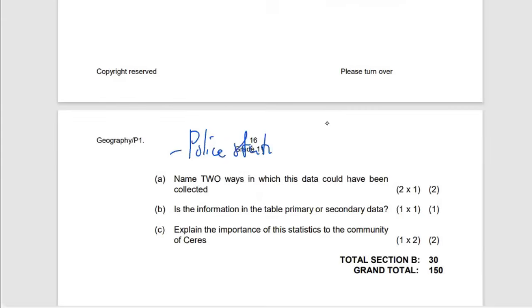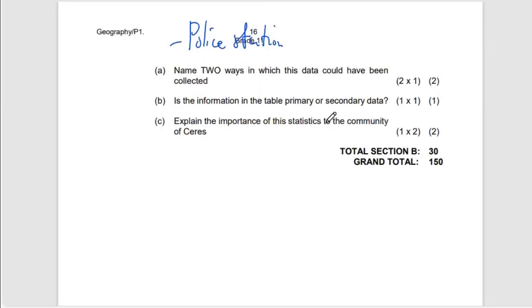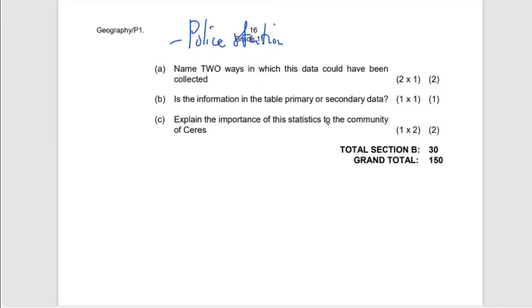The police have got data about crime. And also, we can do surveys, either through use of questionnaires to find out if people have been exposed to criminal activities, or through interviews. We can use questionnaires and interviews to get the data, that is survey.